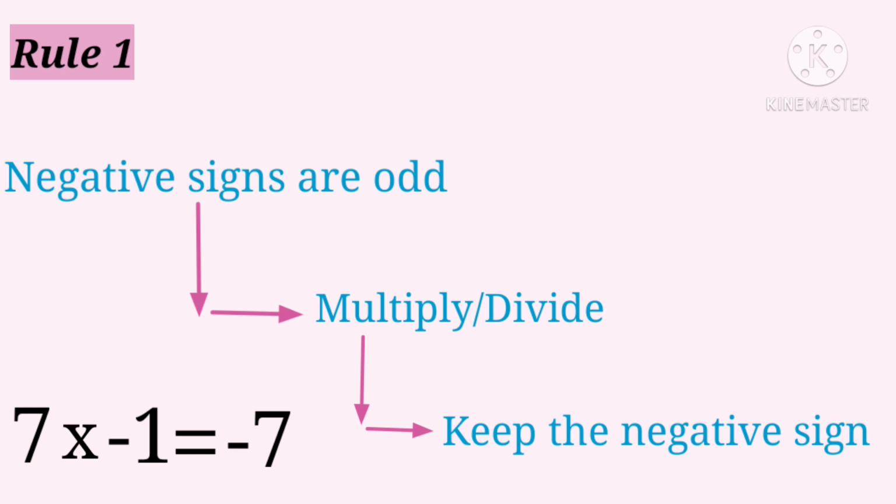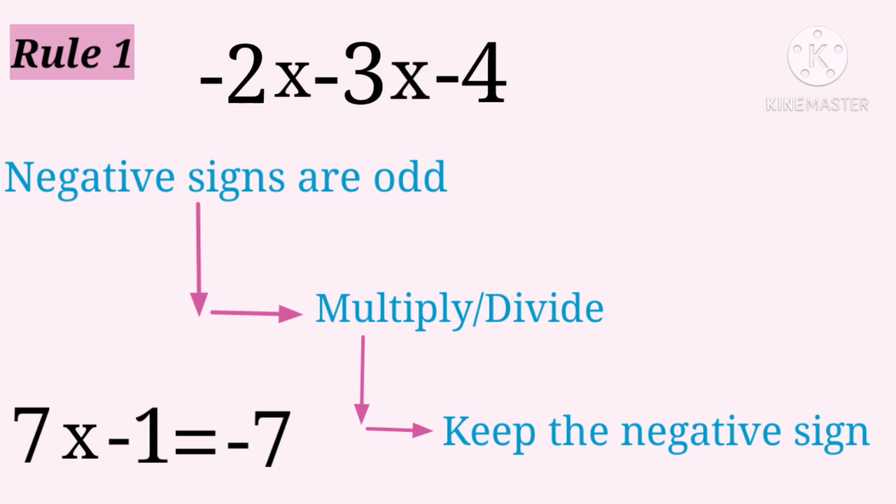What if we had -2 times -3 times -4? All three numbers are negative, which means we have an odd number of negative signs. Therefore, our answer should also be negative. So we simply multiply all the numbers and keep the negative sign.